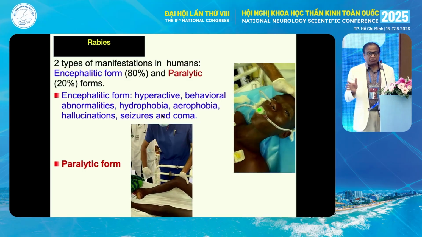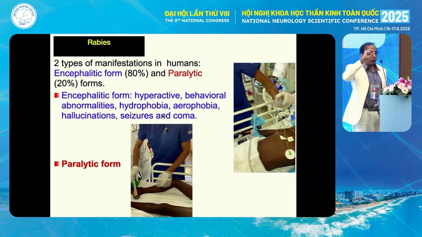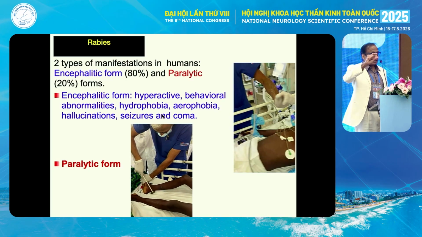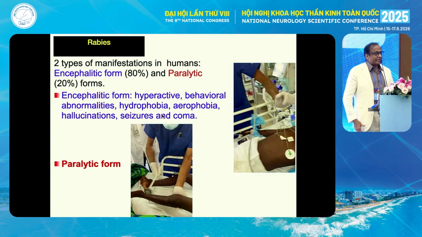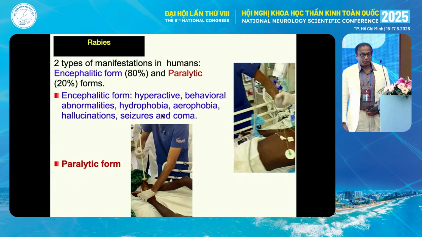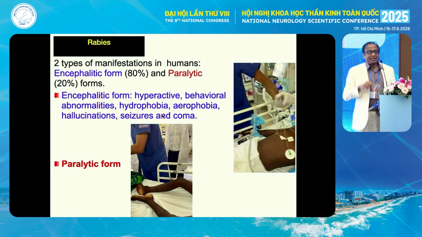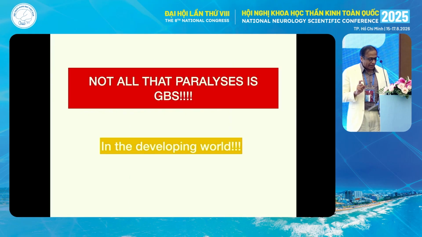I think all of us are familiar with that. But this case told me that some patients, about 20% of rabies patients, before they get the encephalopathy, they come to you with ascending weakness, and this is known as the pure paralytic form. Again, an important mimic of GBS in developing countries.